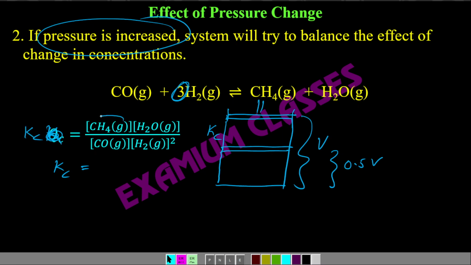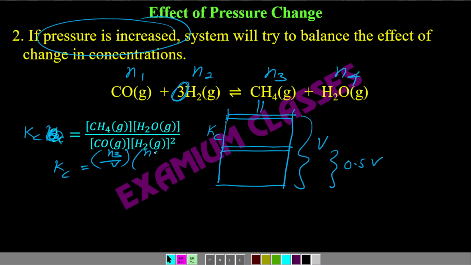Then the concentration of methane will be based on its number of moles, say N1, N2, N3, N4. These are the number of moles at equilibrium. So what will be the concentration of methane? It will be N3 divided by V, number of moles divided by volume.